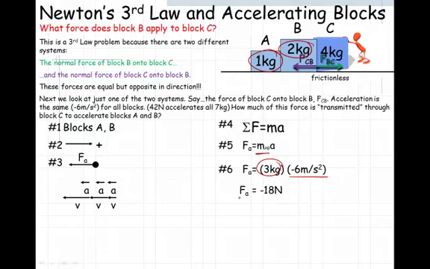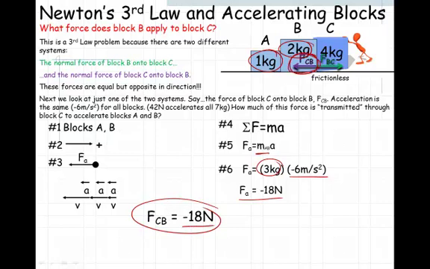Now that negative 18 newtons of force is the applied force of C onto B. So the force of C onto B, which is a normal force, is negative 18 newtons. That's this force right there.